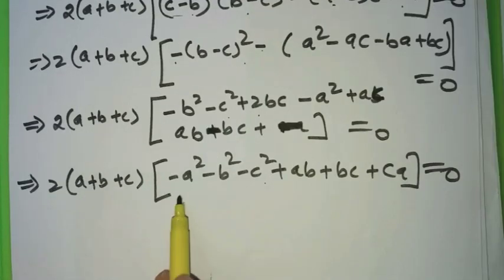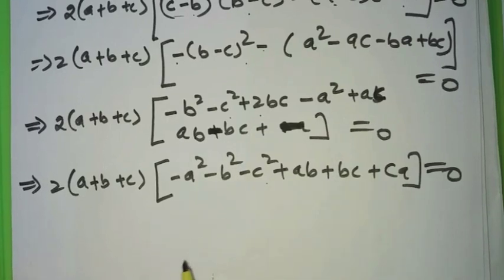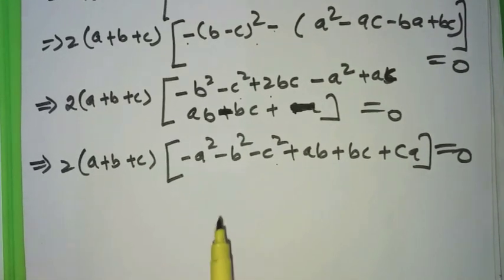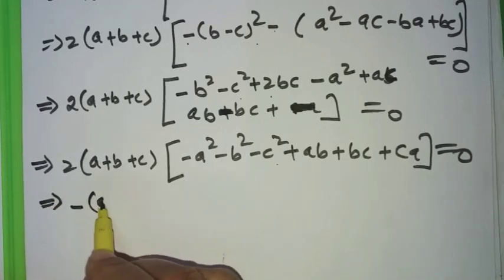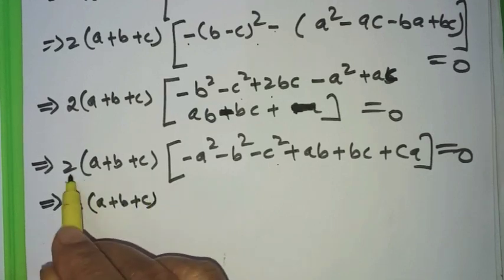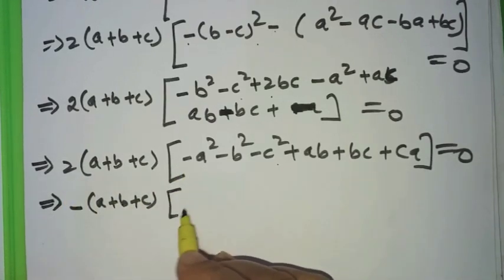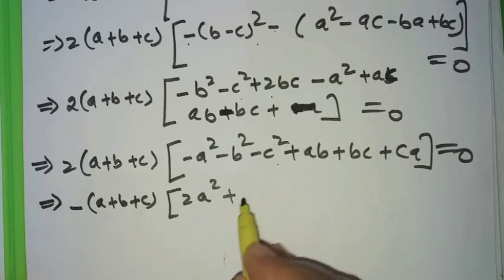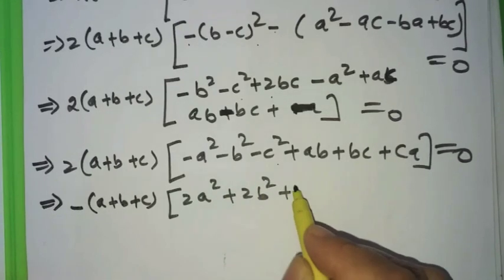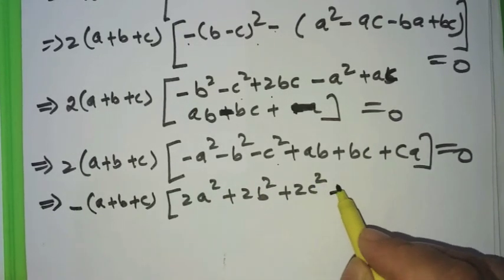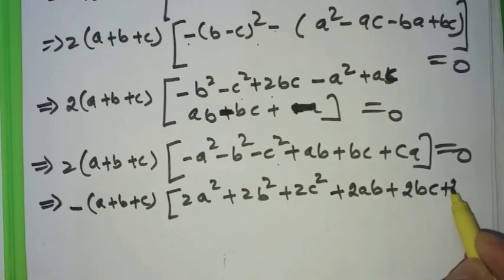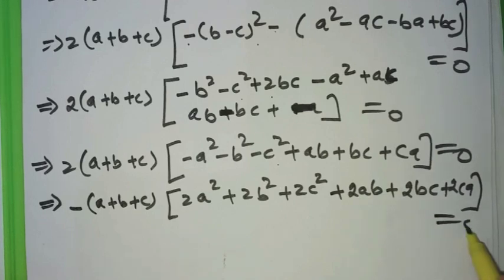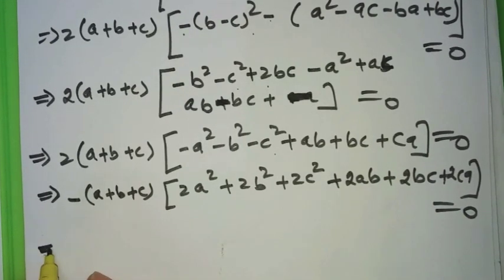Finally after solving we get this expression inside the bracket, and now we can take minus common from this bracket and we multiply this bracket by 2. So we have minus common, and this 2 we multiply inside this bracket, so this becomes 2a square, 2b square, 2c square minus 2ab minus 2bc minus 2ca is equal to 0.